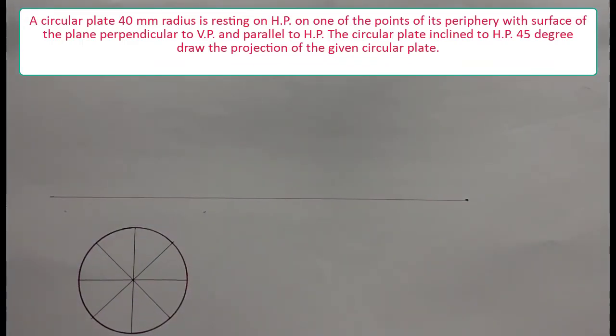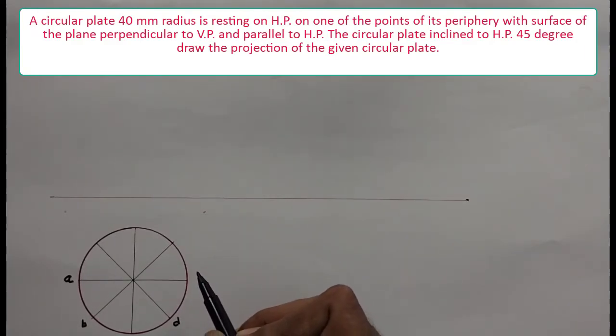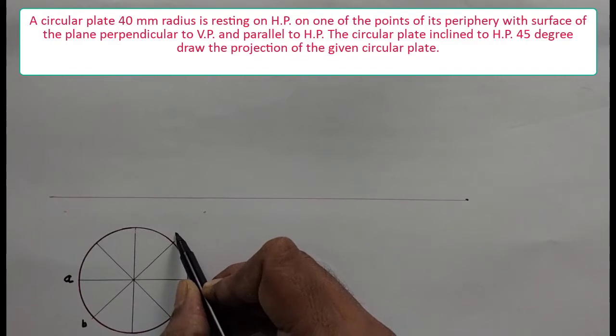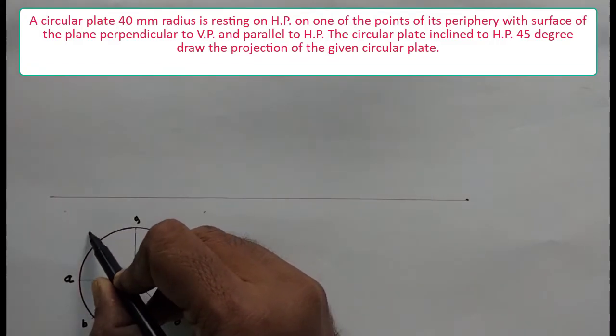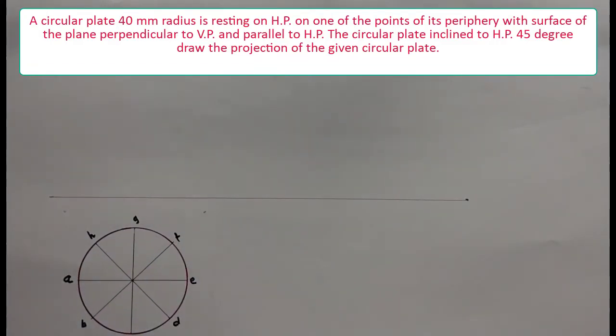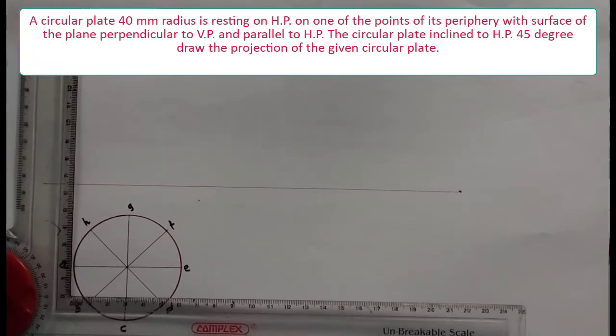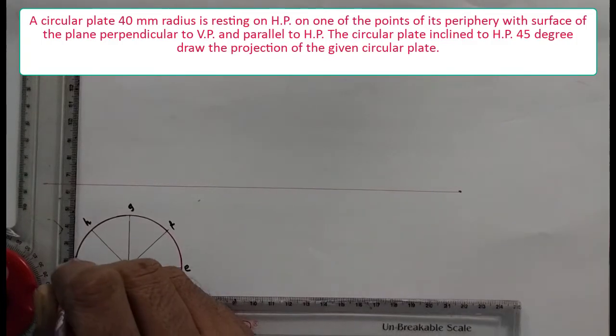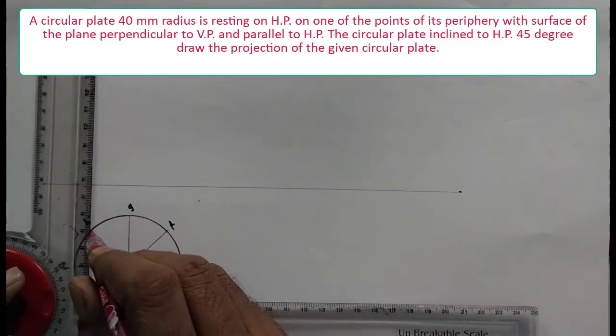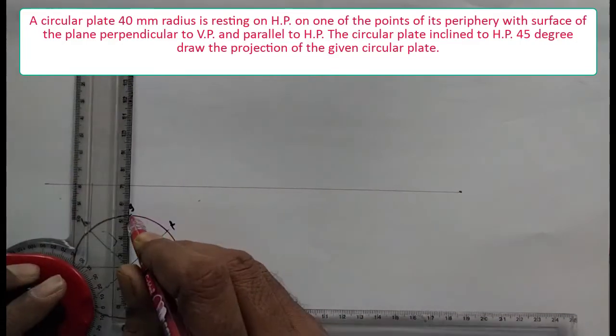Now we give names to the points on the periphery. So it is my A point as a plan, B, C, D, E, F, G, H. Now we take the vertical projection, because the plate is on HP, so the elevation of the plate is always on the XY line.